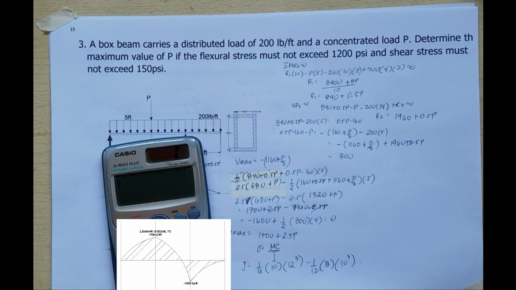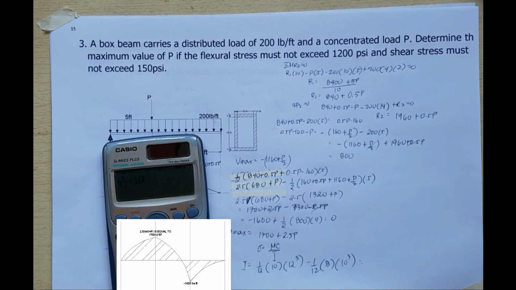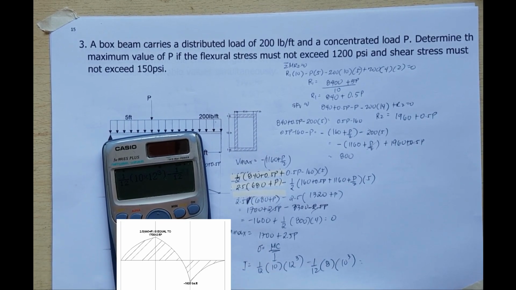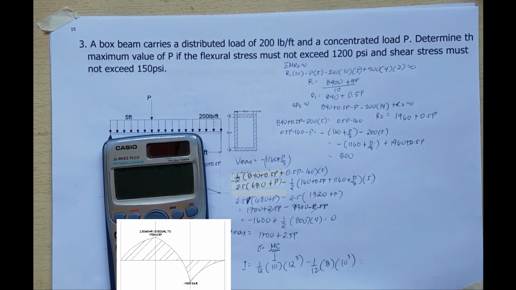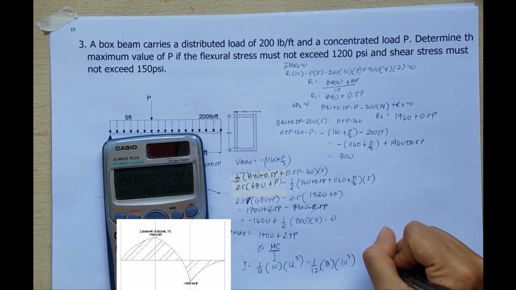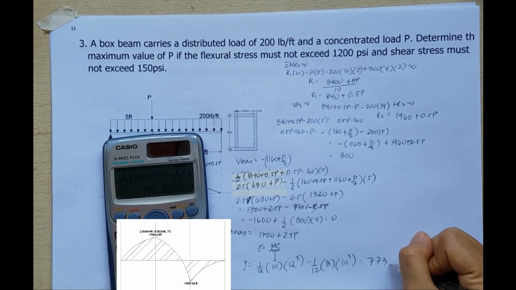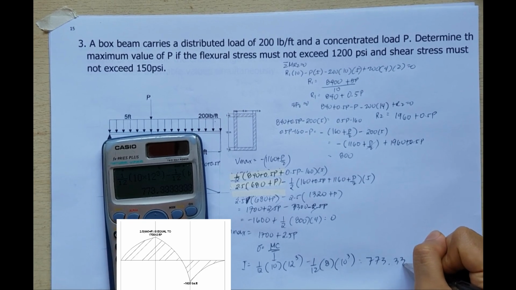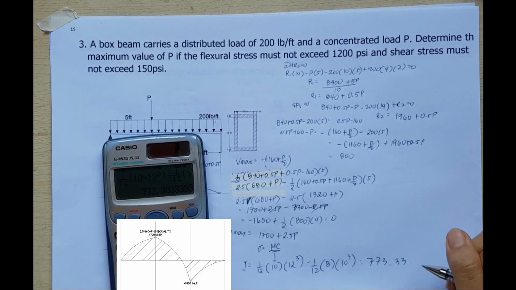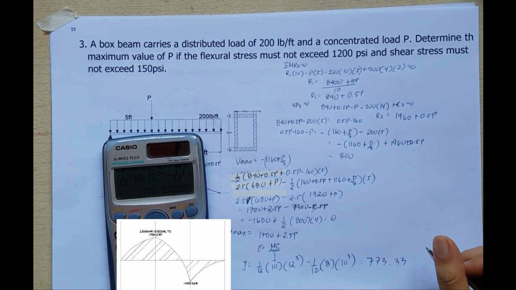So I, or the moment of inertia, is equal to 773.33 inches raised to 4.